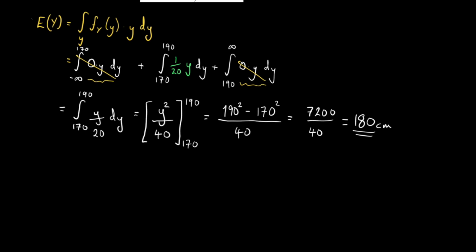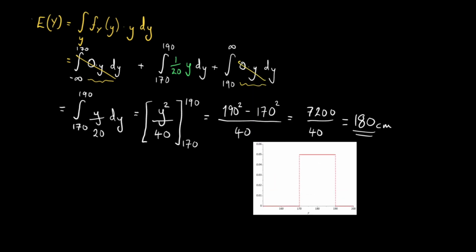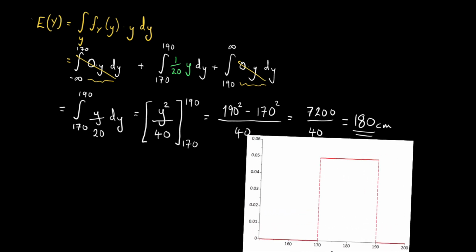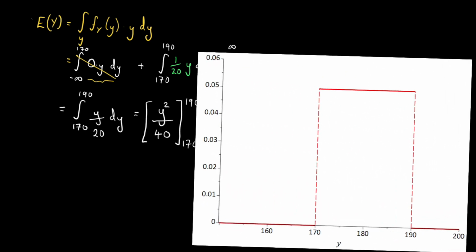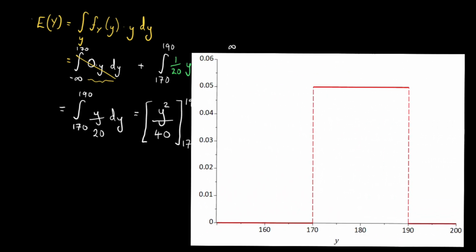Now, this shouldn't be too much of a surprise, because for any uniform distribution, the average is just going to be in the middle of the distribution. So here we've got our uniform distribution, and you can see that the middle value is just equal to 180 centimeters. If we were to plot a line right in the middle of this rectangle, we can see that that is equal to 180 centimeters.